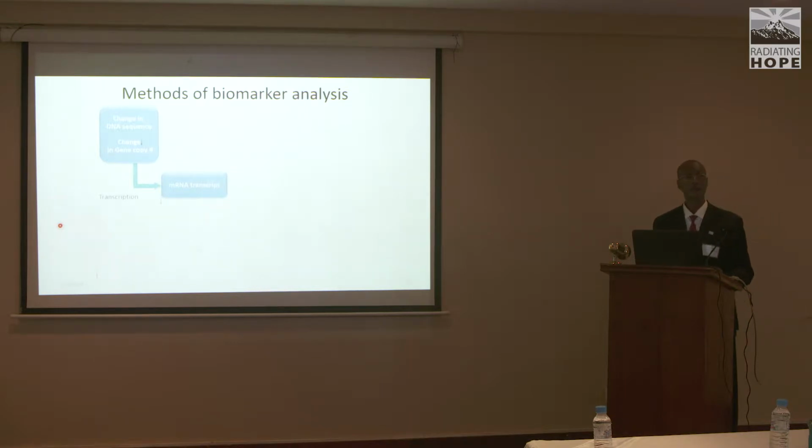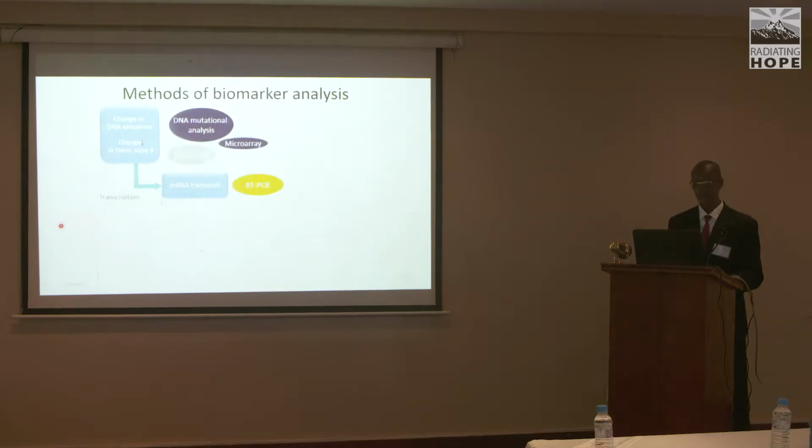Here, I go directly to the methods of biomarker analysis. As you may know, there is change in DNA sequencing, change in gene copy, and mRNA transcription. You have here DNA mutation analysis.